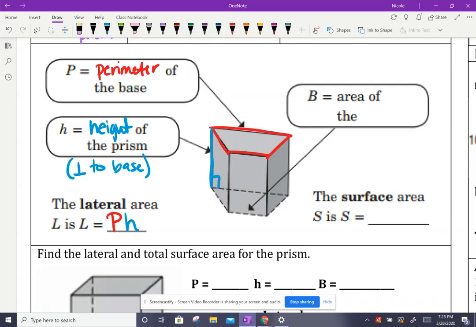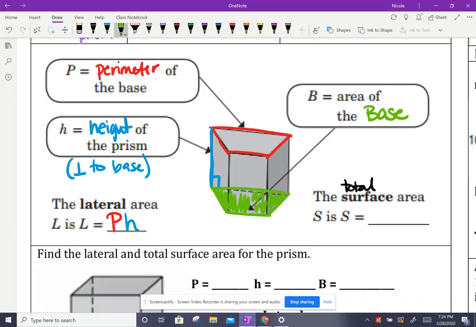Now for the total surface area, let me put total right here, because it is the total surface area. That is going to involve the area of the base. And so the area of our base is all of this space. So whatever shape your base is, you're going to need to know the area formula in order to execute it.